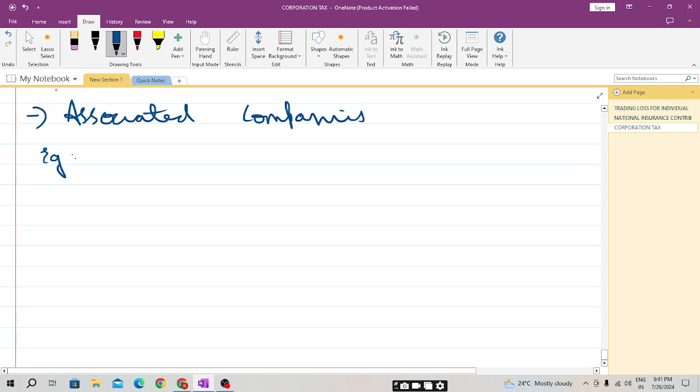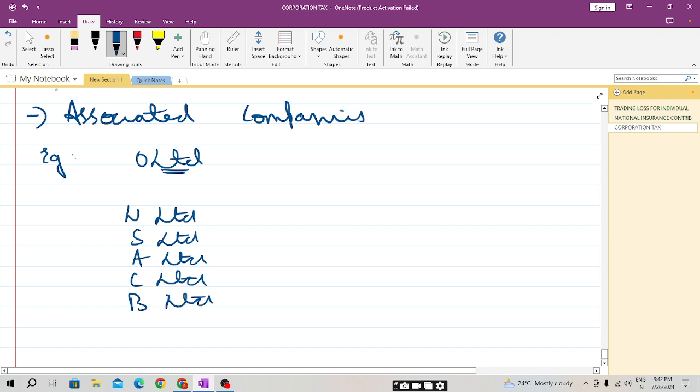We'll take O Limited, which has the following shareholding. O Limited is one company, and it has shareholding in many companies. The first one is W Limited, the second one is S Limited, A Limited, C Limited, B Limited and D Limited.